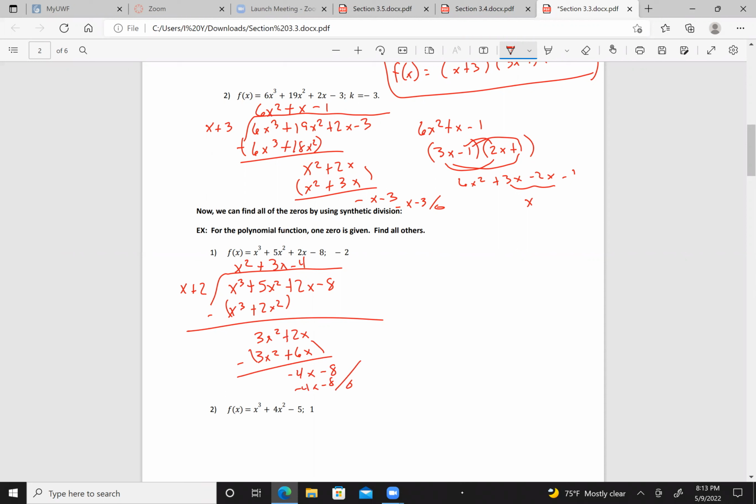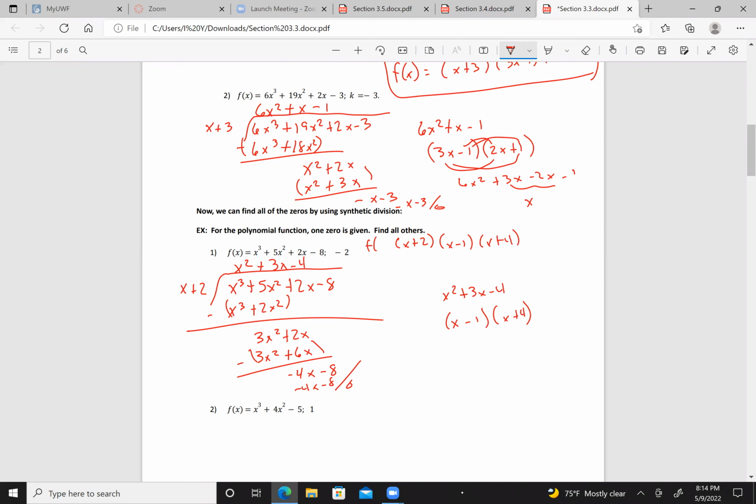So we have our first factor, x plus 2. And I'm looking at x squared plus 3x minus 4. Well, that's what? x, positive 4, negative 1. x minus 1, x plus 4.